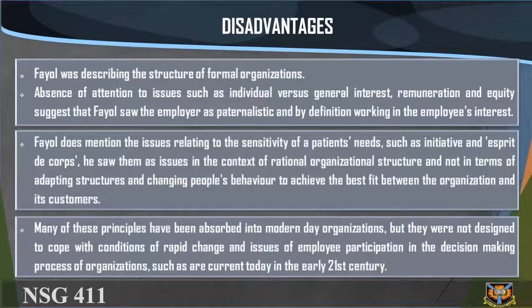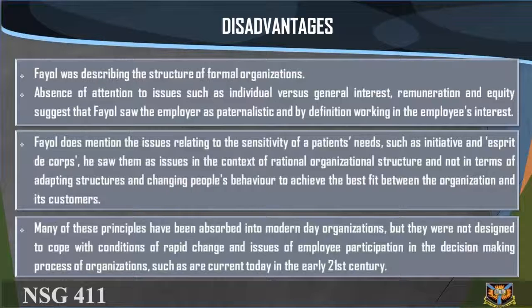Disadvantages. Fayol was describing the structure of formal organizations. Absence of attention to issues such as individual versus general interest, remuneration, and equity suggests that Fayol saw the employer as paternalistic and as defining working in the employee's interest.